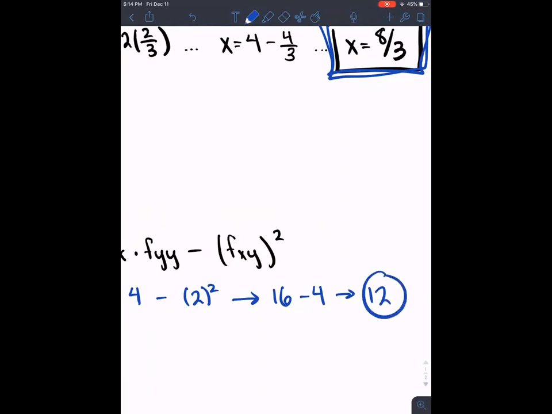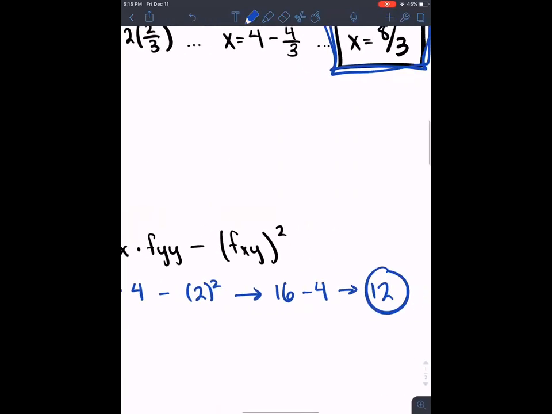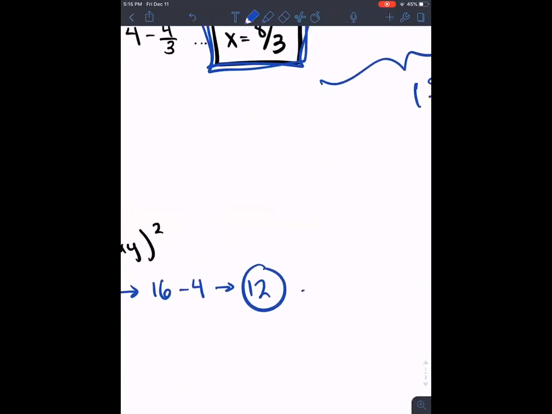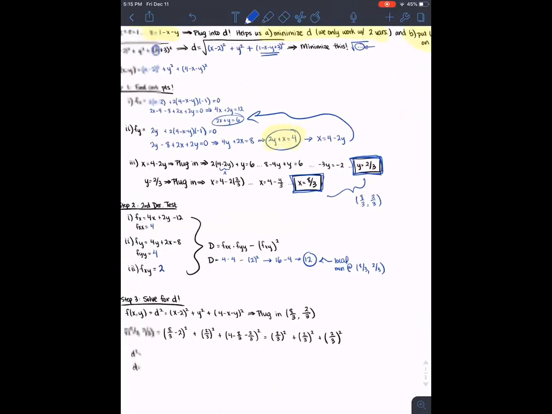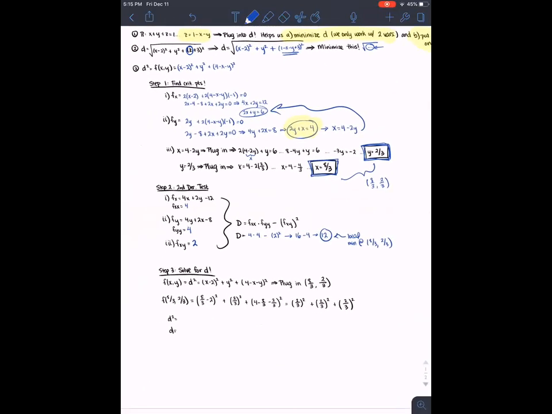And what this tells you is because D is positive, you actually have a local min at 8/3 and at 2/3.